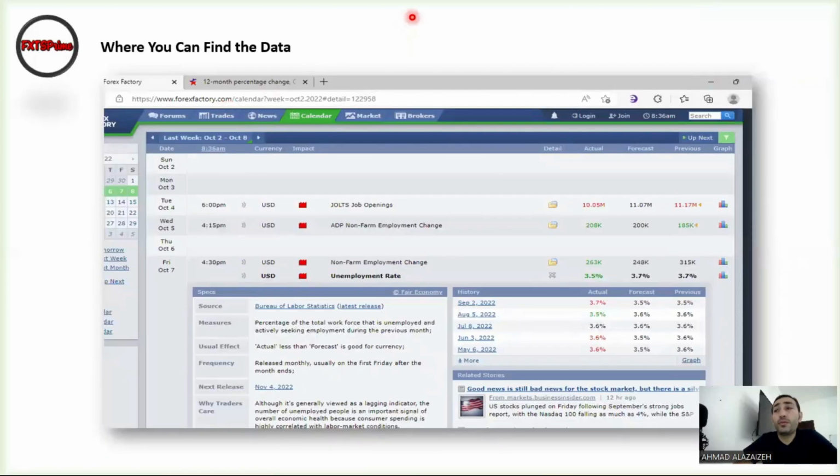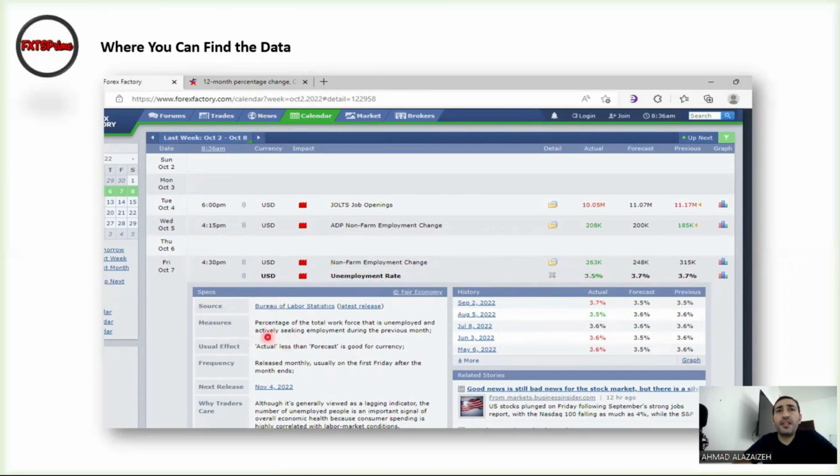So now, where can I find this data on the unemployment rate? You have the Forex Factory website. On the Forex Factory website, you can clearly see all the data around employment and unemployment. So this is, for example, the unemployment rate, and this is the data around it.